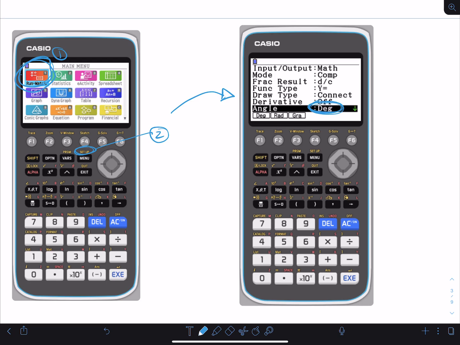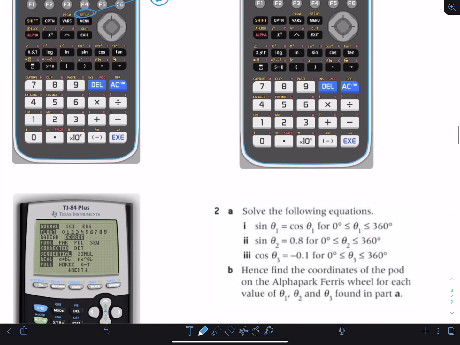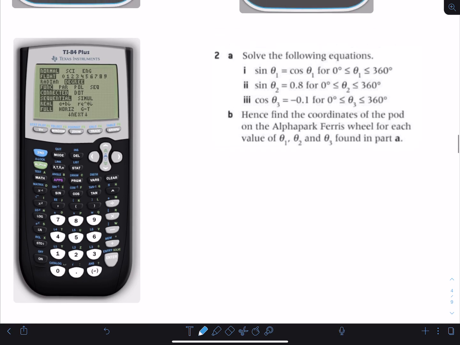Okay, very important. You can measure angles in degrees, radians, gradients. Okay, degrees is what we're sticking with. Okay, so that's step 3. Easy. For the TI, what you do is you simply go to the mode button right here. Okay, and then it'll come up with this screen, and just make sure that you go here and hover over that.